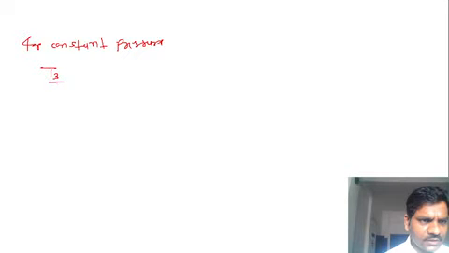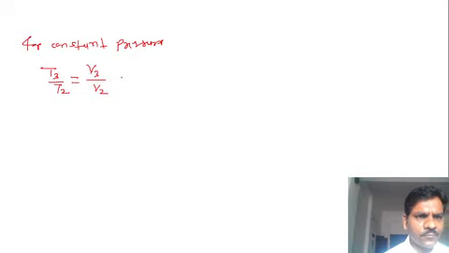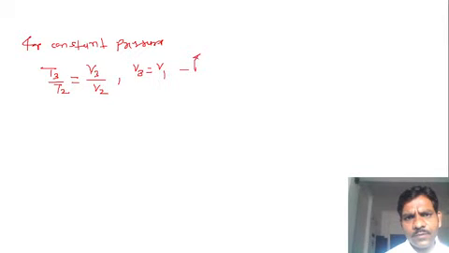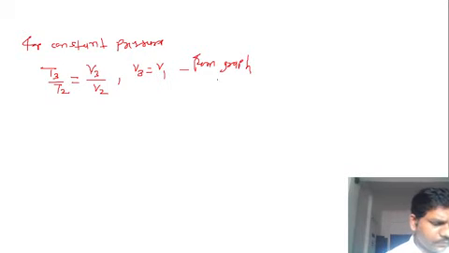T3 upon T2 is equal to V3 upon V2. This formula is determined with the help of the ideal gas equation. So we know V3 is equal to V1. This is from the diagram, from the graph. V3 is equal to V1.